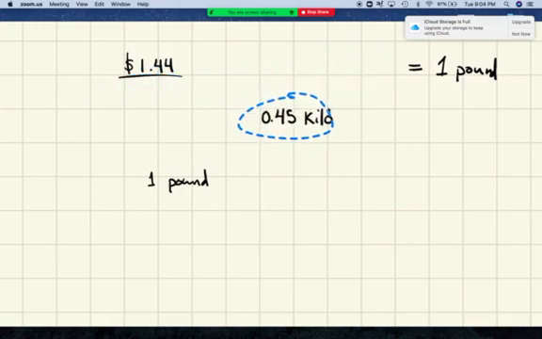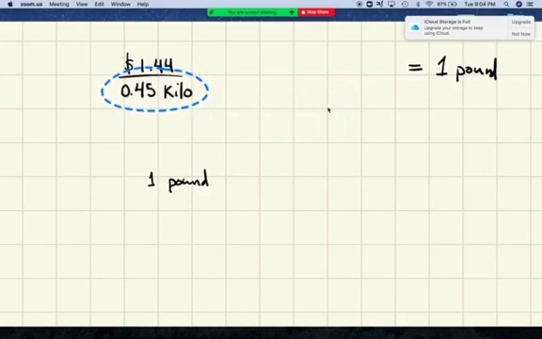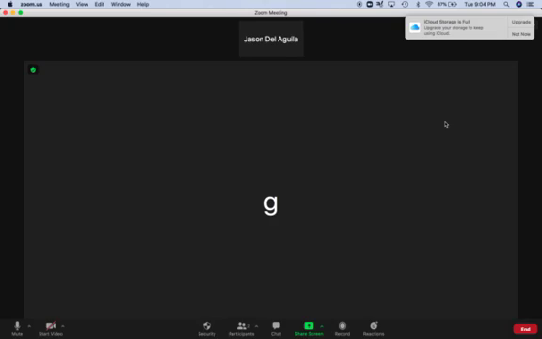So instead of putting 1 pound in the bottom, I can put 0.45 kilograms. And then that just means divide, and that's what it did. We'll see if that's right. I mean, that's how you got the 3.2, right? Yeah. And then it's dollars per kilogram, so like dollars over kilogram. So let's see if it's right. Sometimes it's tricky.